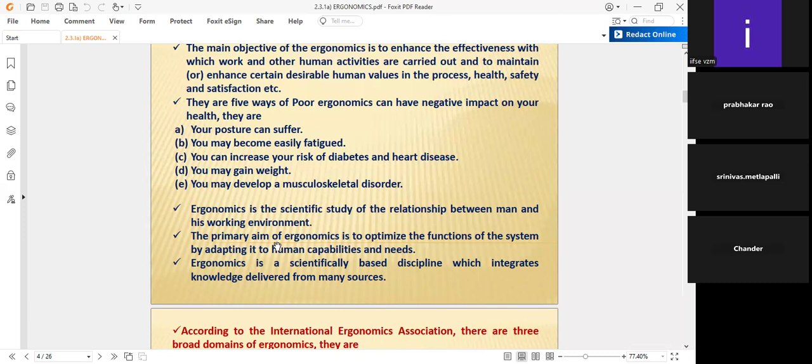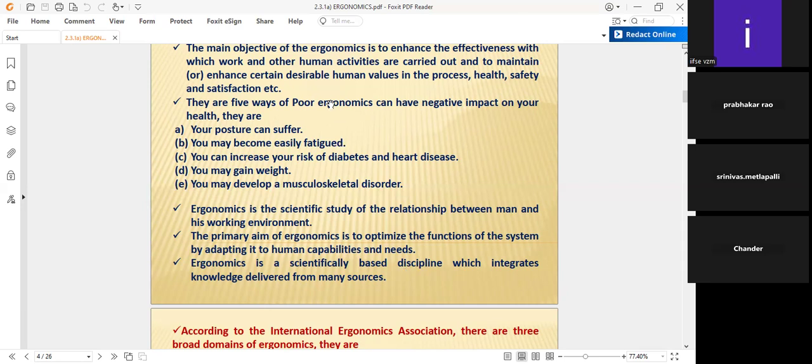A person having diabetes, some heart disease, or a very stout person, we have to see the capabilities of the people, and the needs also. If a person is working forcibly, we cannot allow that person to work there. Ergonomics is a scientifically based discipline that integrates knowledge derived from many sources. Because this is very important.